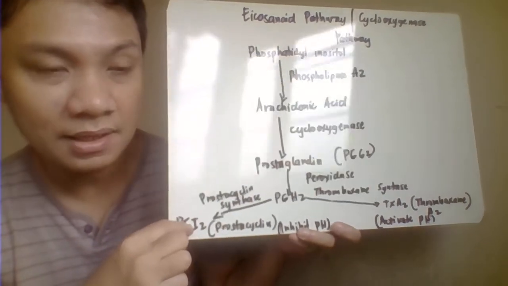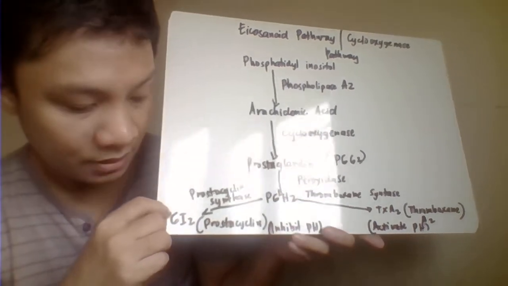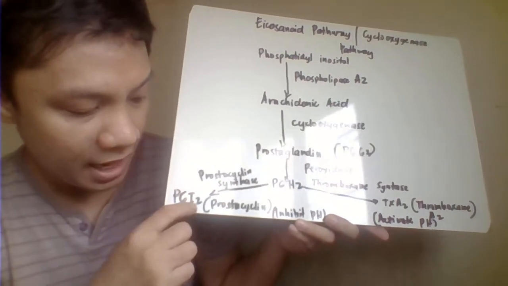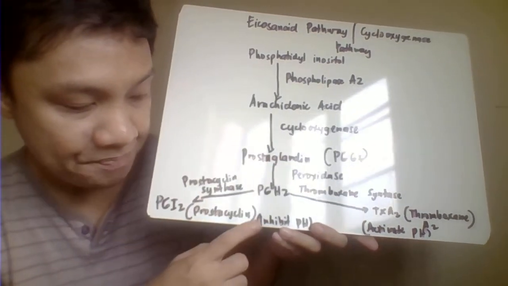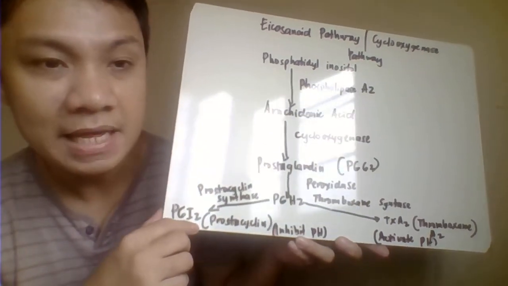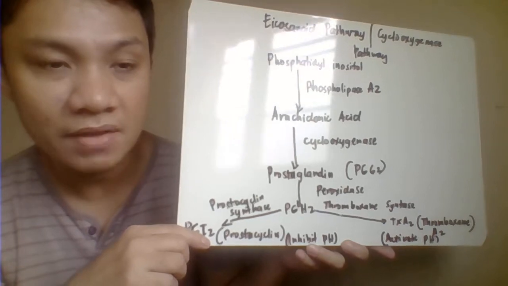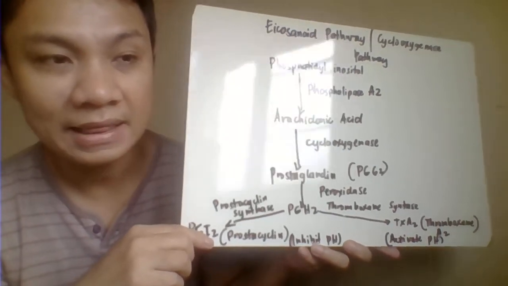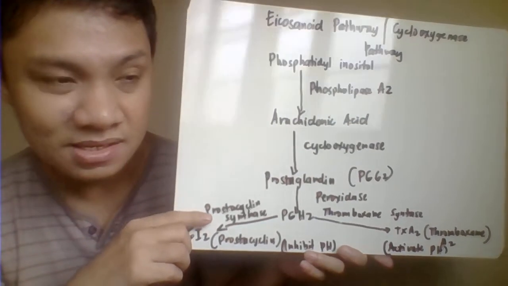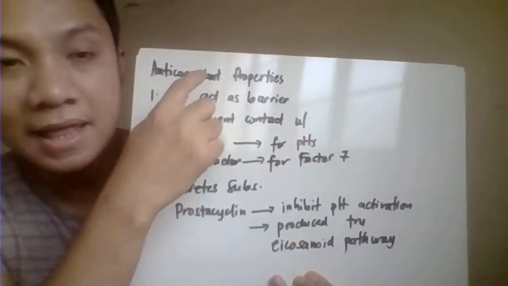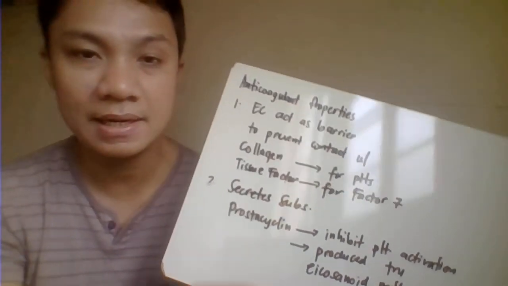Ano produce natin is the prostacyclin. Or other name, PGI2 is your prostacyclin. Again, this prostacyclin inhibits the platelet activation. Once it inhibits the platelet activation, it will not activate the clotting process, and therefore, magiging anticoagulant ang ating prostacyclin.